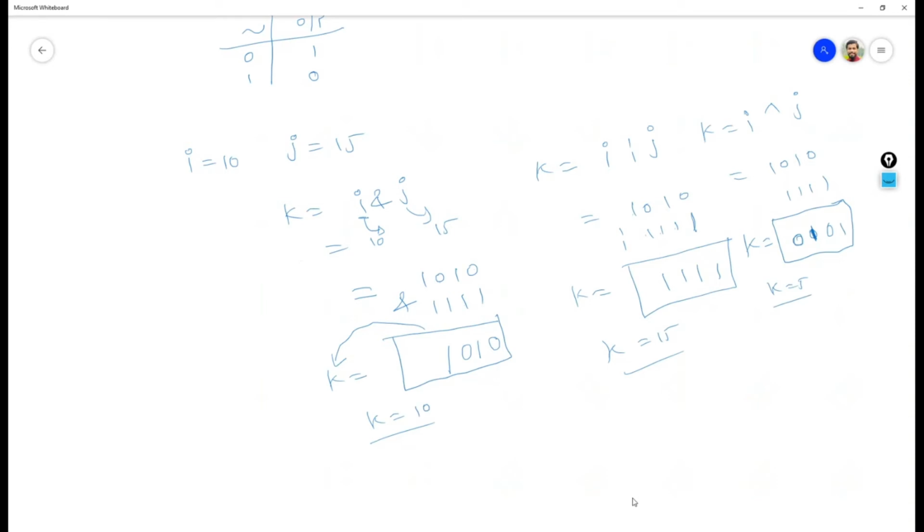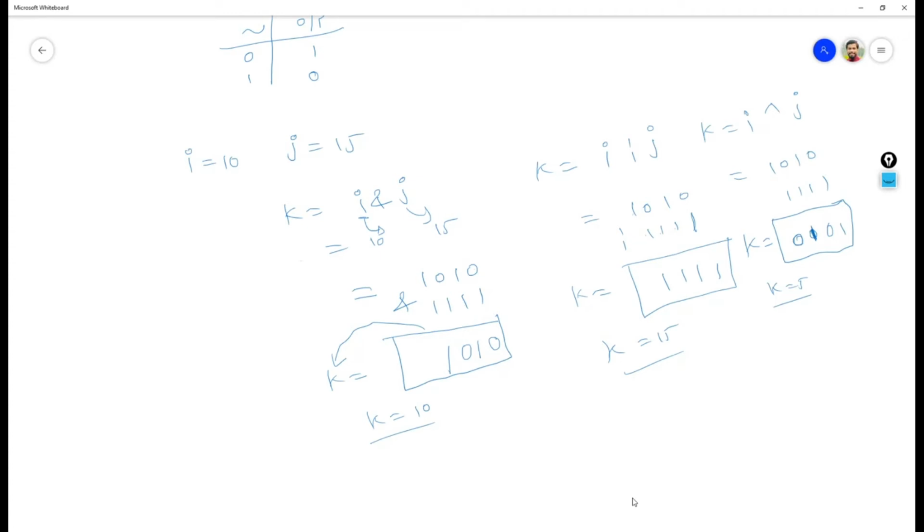So what is the difference between the logical operator and the bitwise operator? In logical we compare conditions, and here we do operations on binary. In logical, we get an output of either 0 or 1, even if we are using non-zero numbers.